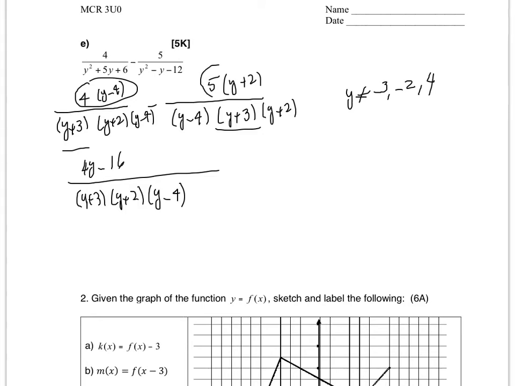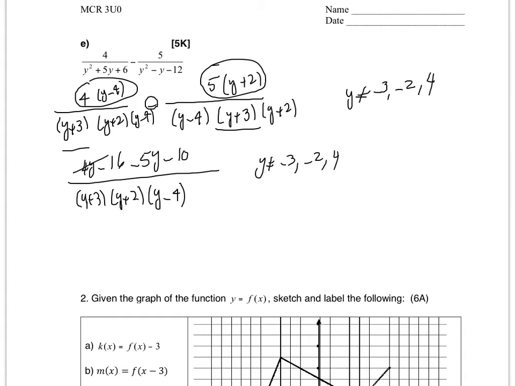And I distribute 5 inside this bracket, I get plus 5y plus 10, but there is a negative here, so it's going to be negative 5y, negative 10, with the same restriction, meaning y cannot be equal to negative 3, negative 2, and 4.